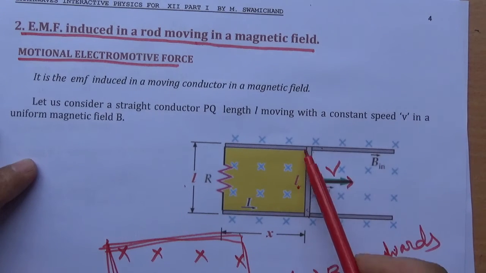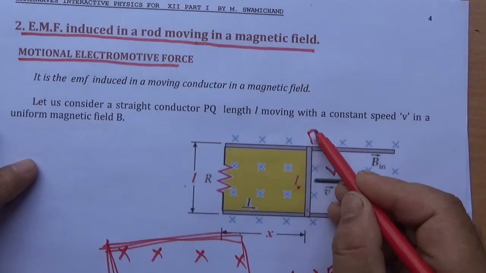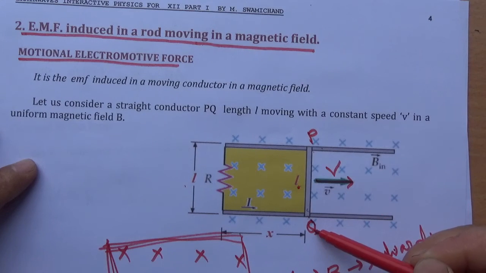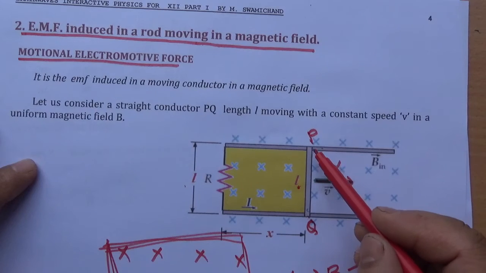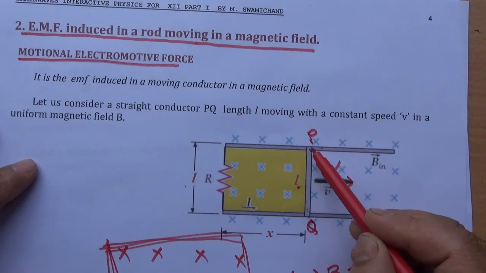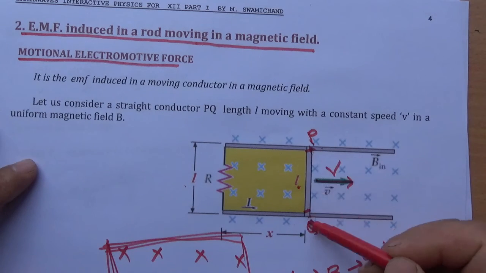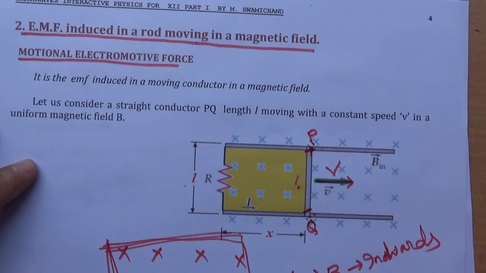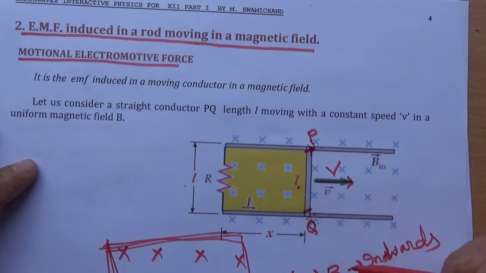There is a potential difference across the rod between P and Q. One side becomes the positive terminal at higher potential, and the other side becomes the negative terminal at lower potential. A potential difference is developed between the two ends of the rod.